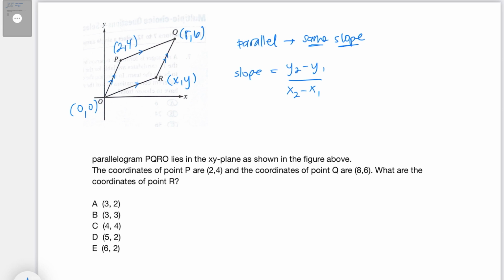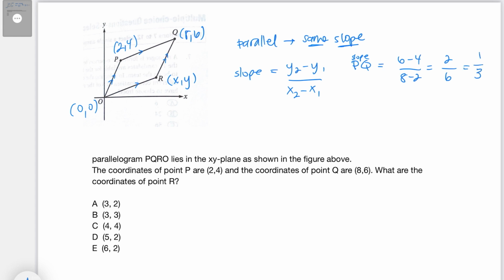I think I'm going to do PQ, just why not? So let's find the slope of PQ, which is going to be 6 minus 4 over 8 minus 2. 6 minus 4 is 2, 8 minus 2 is 6, and so the slope is 1/3.